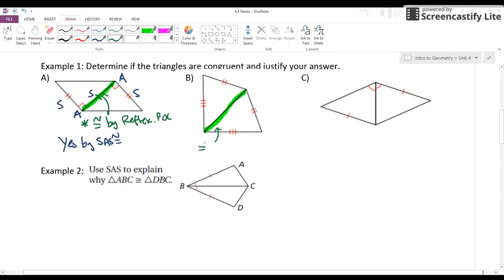So that's congruent by the reflexive property. And once again, remember, you need to have this in your justification, in your explanation. So since it's congruent by the reflexive property, I've got congruent sides here, congruent sides here, and a third congruent side. So yes, by SSS congruence.